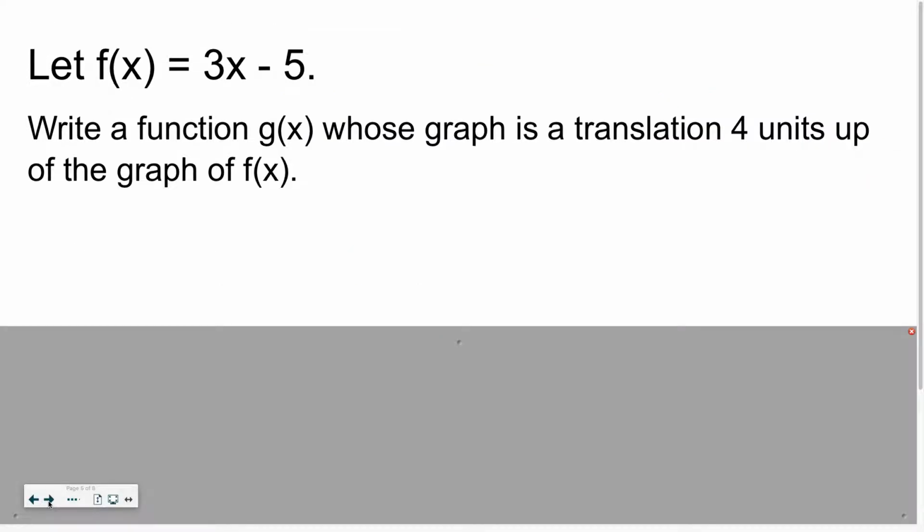Okay. So here's an equation. Let f of x equal 3x minus 5. What type of function is that? Belongs to which family?